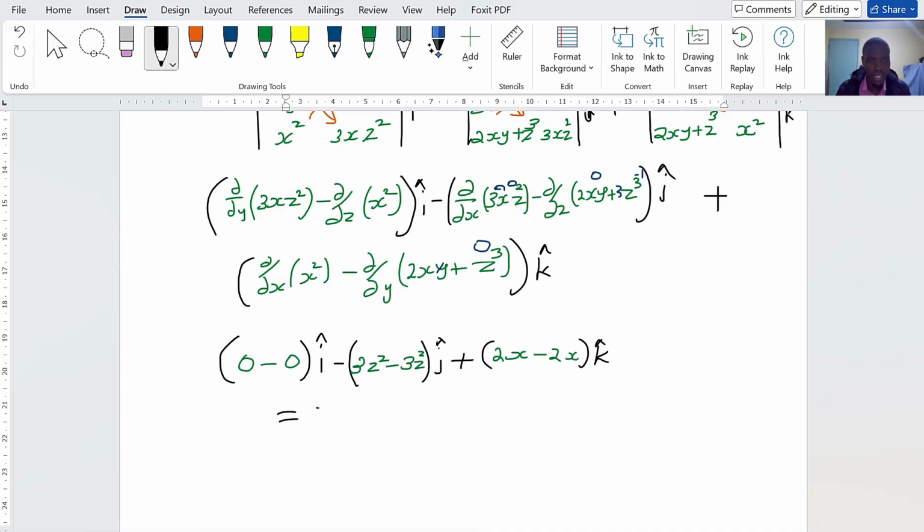Good. So what do we have at the end? We have 0i minus 0j plus 0k, which is 0. So since the cross product of F is equal to 0, then we can say F is a conservative force.